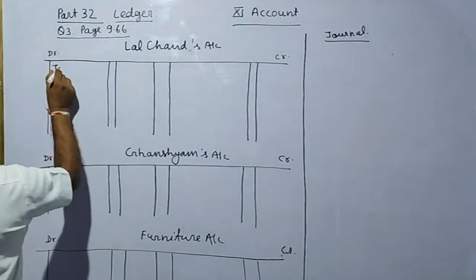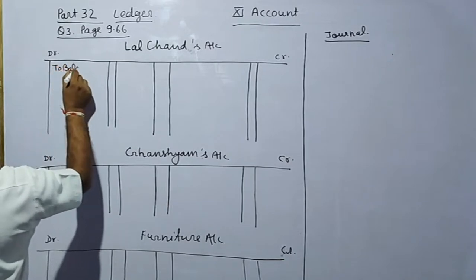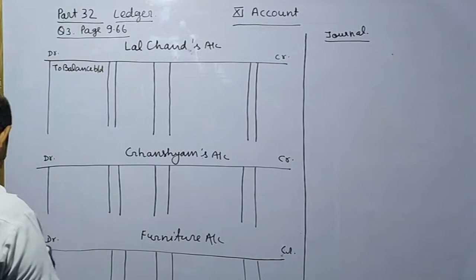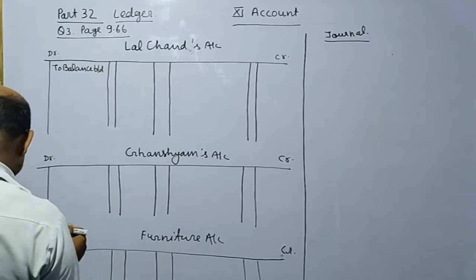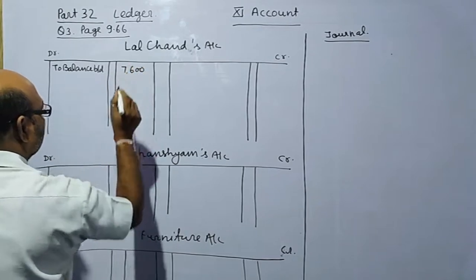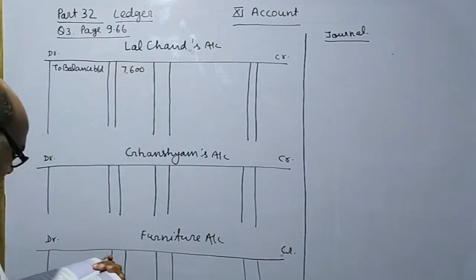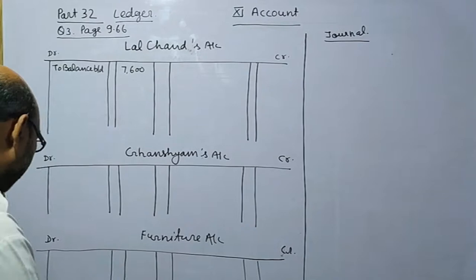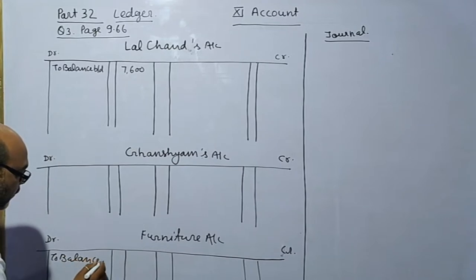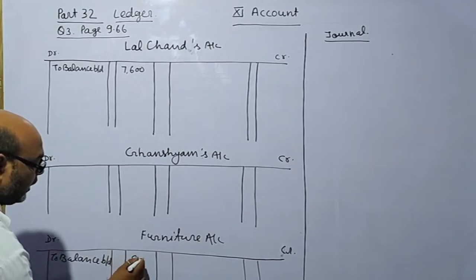To balance BD amount is Lal Chandra 7,600, and furniture also has the debit balance, so to balance BD amount of furniture balance is 8,000.